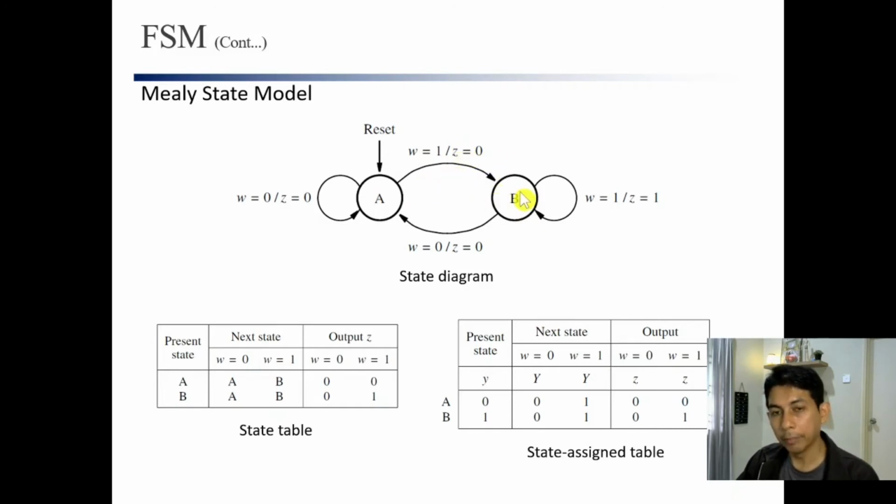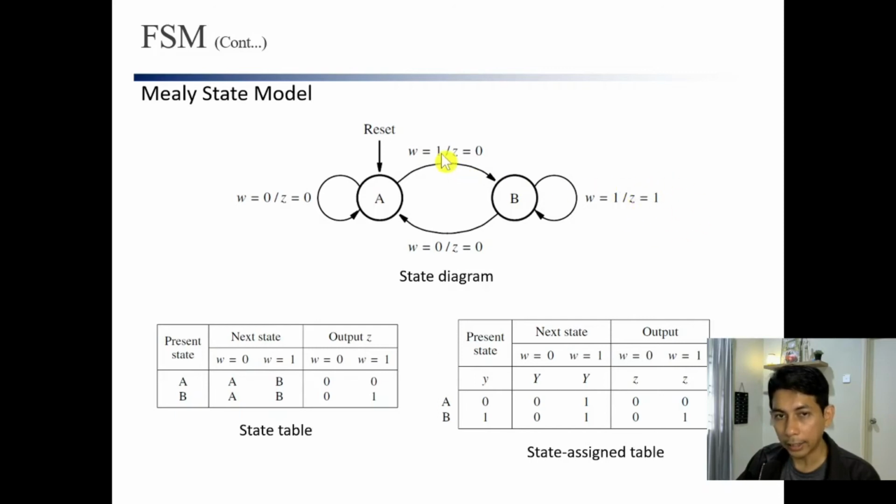And at the next measurement, for example, when W goes back to 0, we go back to A, and Z is still 0, meaning that was maybe a false signal. So go back, and 1 again, you go to B, and if it goes down to 0, go back to A. But if W equal to 1 for the first measurement, we go to B, and if at the next measurement W equal to 1, now Z equal to 1 already.